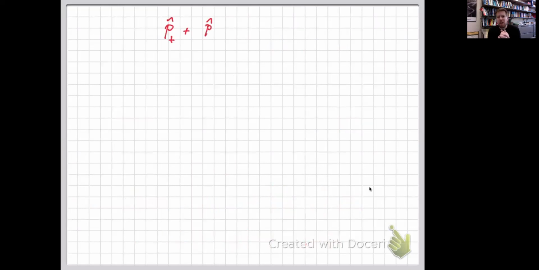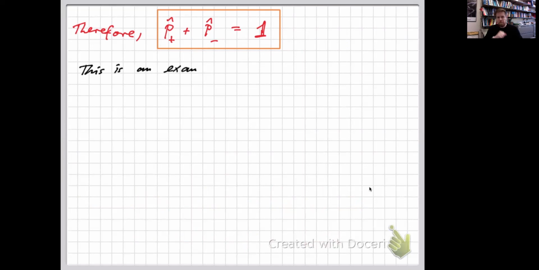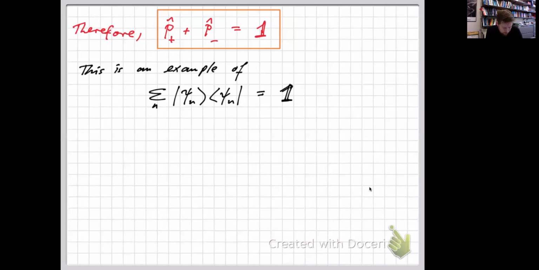Okay, and so we can say that the sum of those two projection operators does nothing to the state and therefore multiplies by 1. We can call the sum here just the unit operator. So this is an example of the more general formula we saw, that when I add all the projection operators associated with all the basis vectors, I end up with 1.